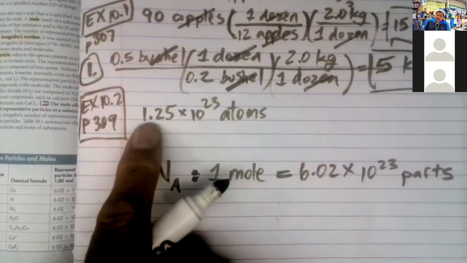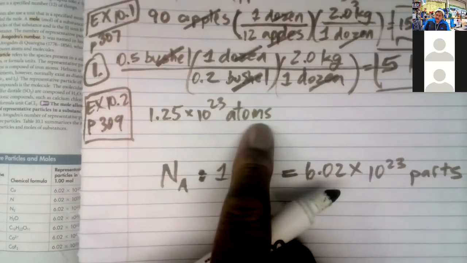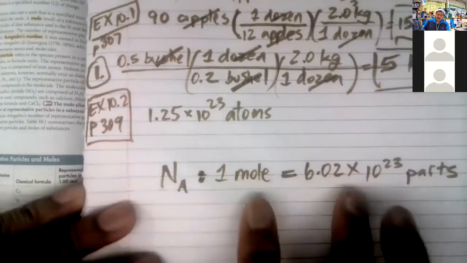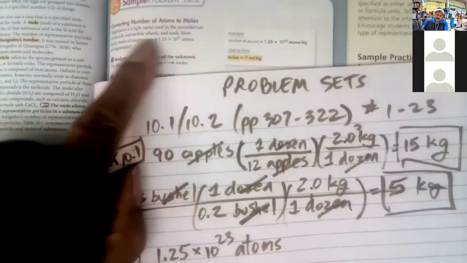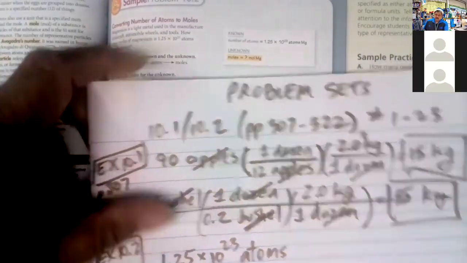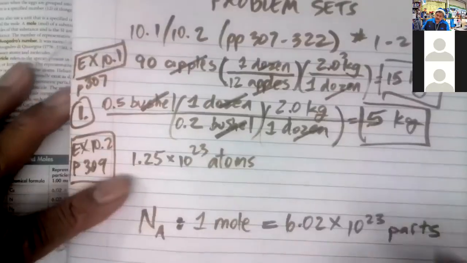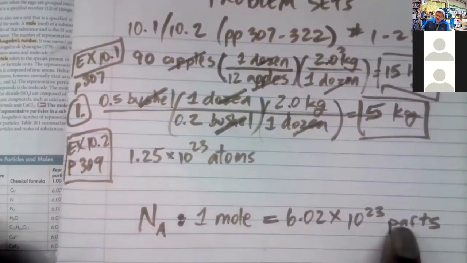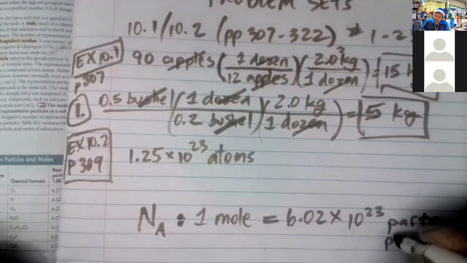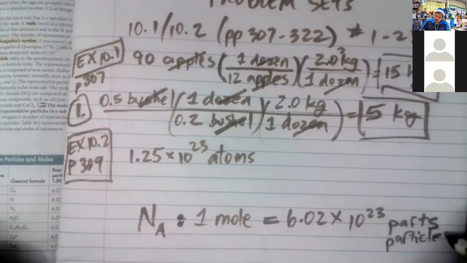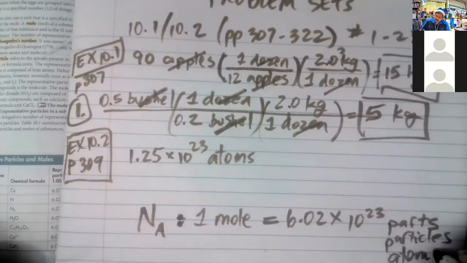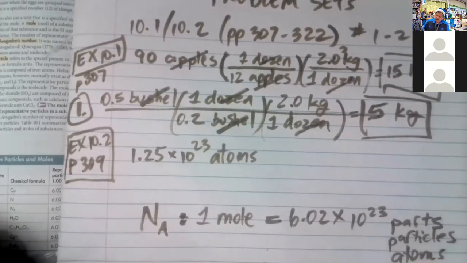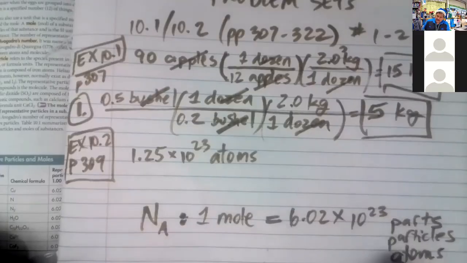So back to our problem, if we have this many atoms and we have this conversion factor, and we're trying to get to how many moles, well, then what we're going to do is take that and, instead of parts, this could be parts or particles, or it could be atoms, or just about anything. In this case, we want the atoms.